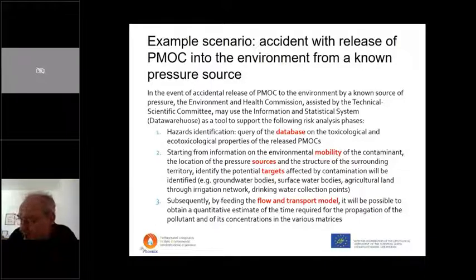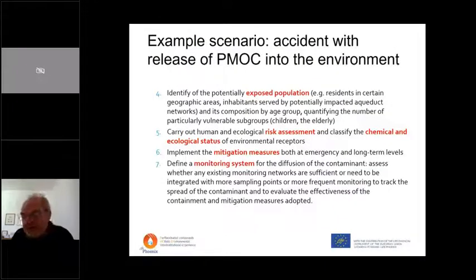And the key information should be fed also into the flow and transport models in order to identify the potential targets, the possible threshold levels that will be reached by the product, and the future evolution of the pollutant diffusion. And that's very important.